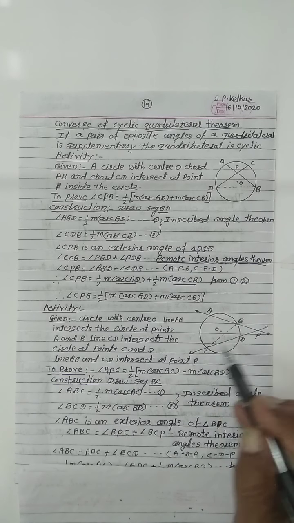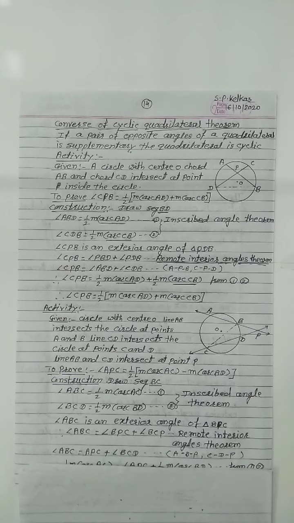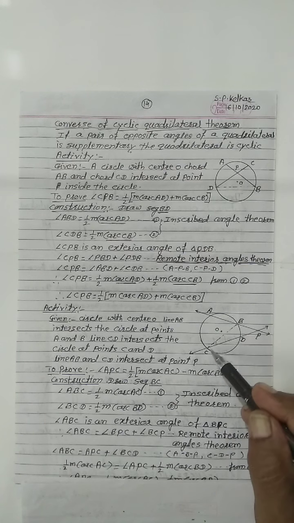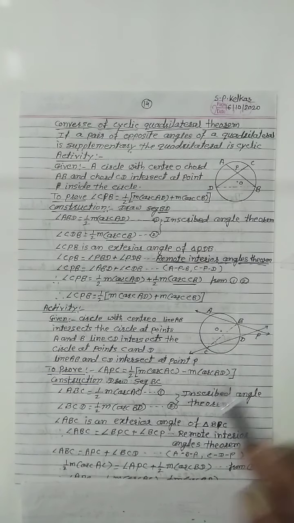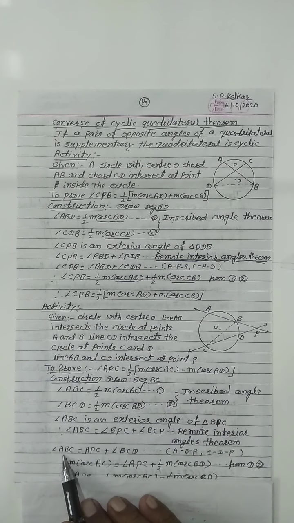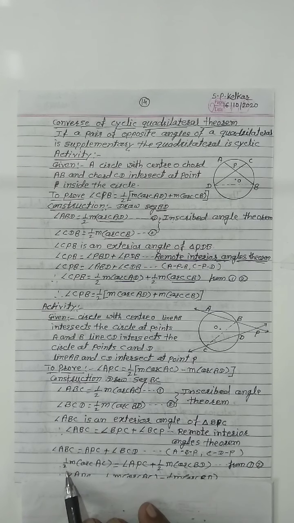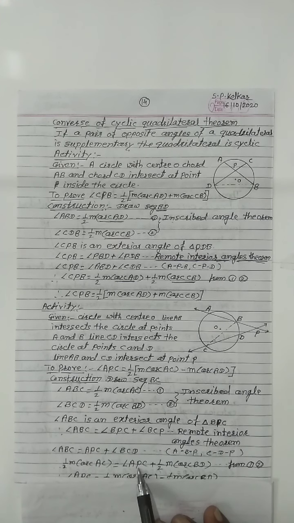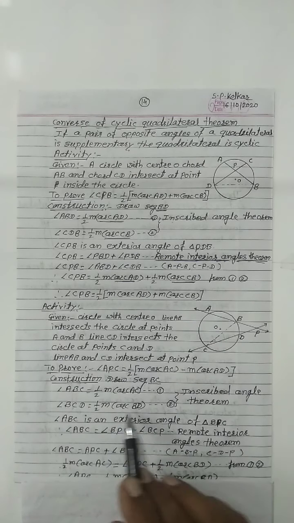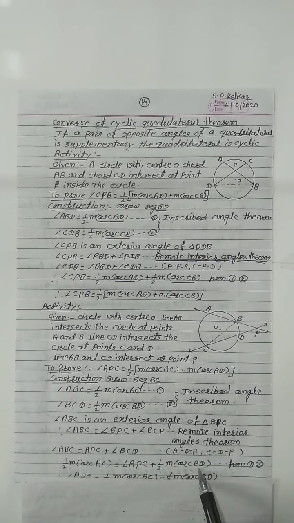Instead of BCP, what should we write? BCD. Now the sum of these two angles: angle ABC equals 1 by 2 measure of arc AC, which equals angle APC plus measure of angle BCD, which equals 1 by 2 measure of arc BD.